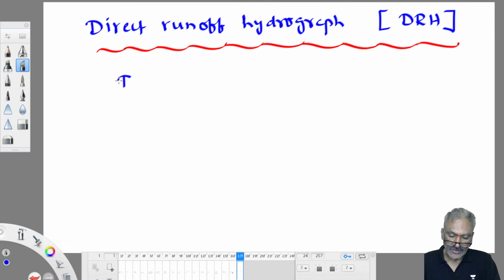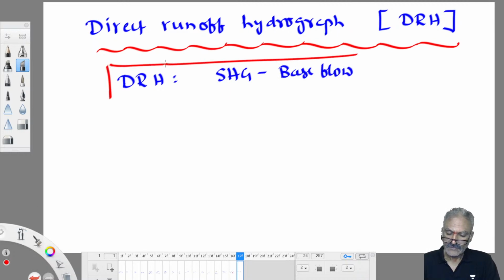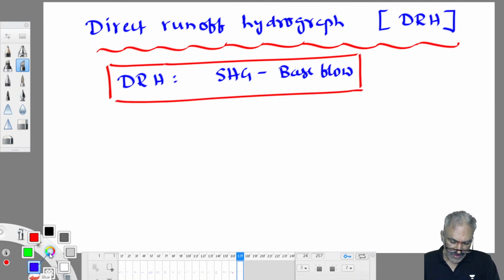So direct runoff hydrograph is equal to storm hydrograph minus base flow, or flood hydrograph minus base flow. After separating the base flow, the hydrograph obtained is known as the direct runoff hydrograph.